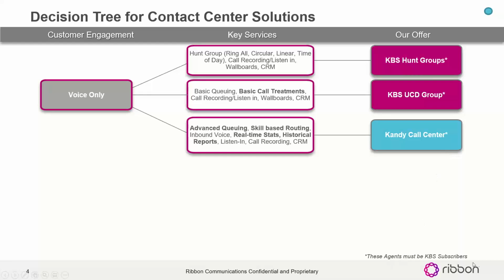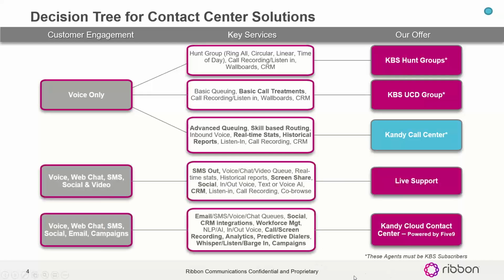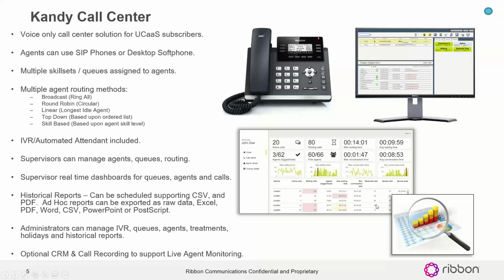All of these have to be agents within KBS, so they have to be users or subscribers here. There are two other options with live support in our resale arrangement with Five9 that are higher in omni-channel. So again, we're going to focus on Kandy Call Center here.